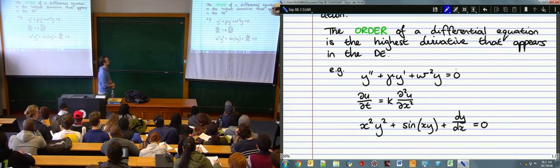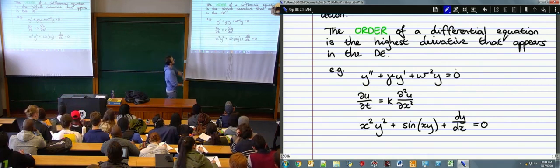And we can think about what all of these various differential equations are.